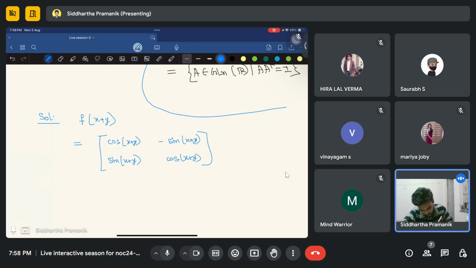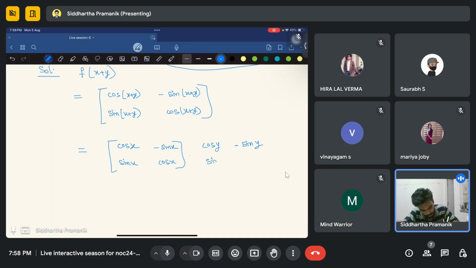The fact is this is the same as the matrix for x, cos x, minus sin x, sin x, cos x, times the matrix for y, cos y, minus sin y, sin y, cos y. Because if you multiply this, what will be your first row?